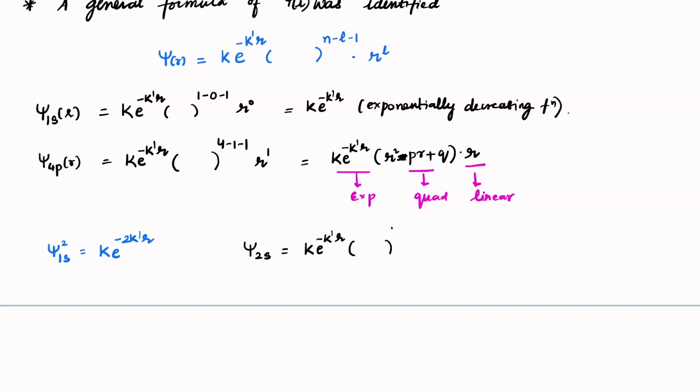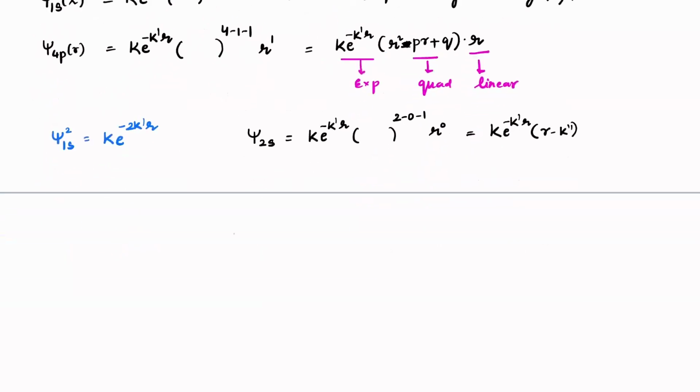Why? Because n is 2, l is 0, minus 1, and r raised to power of 0. So that makes it k e raised to power of minus k dash into r, into this is power 1. Power 1 means this polynomial function has to be linear. So it will be something like, some r minus some constant k double dash equal to 0.